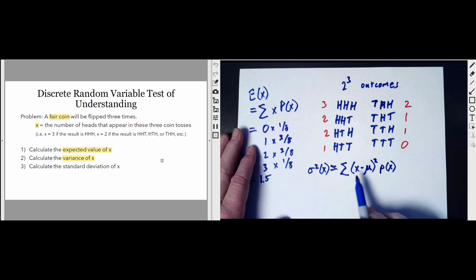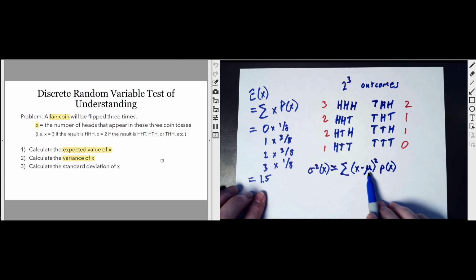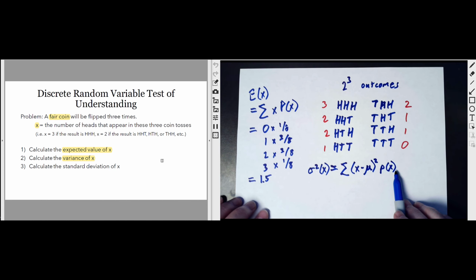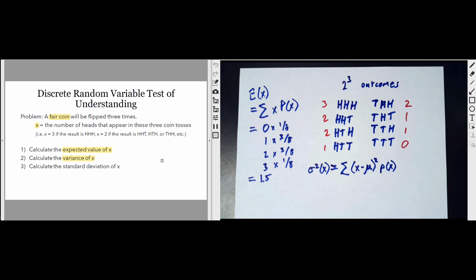Alrighty, and so 0 minus 1.5 squared times 1/8. Okay, I'm going to decline to write this out by hand. Well, let me write out a couple of terms.